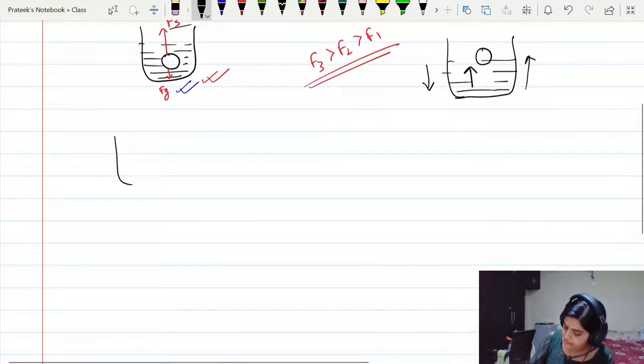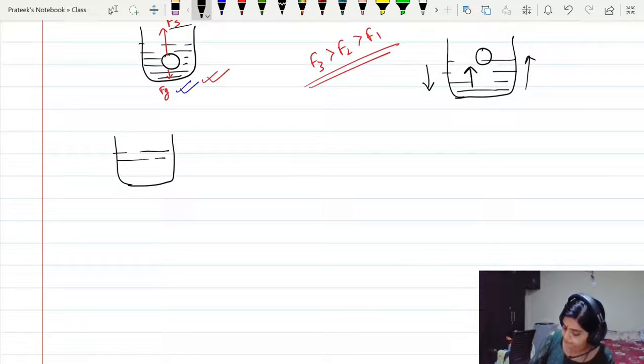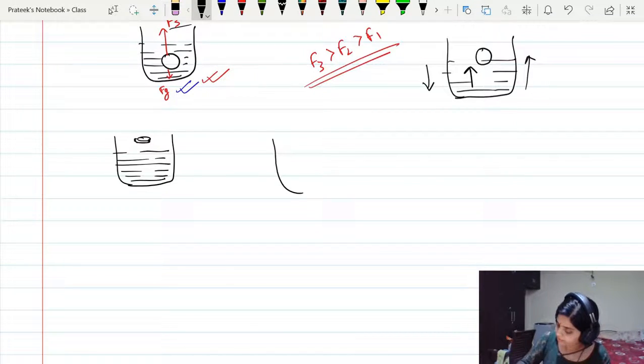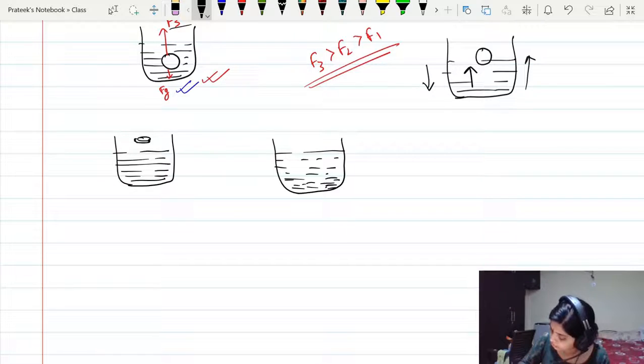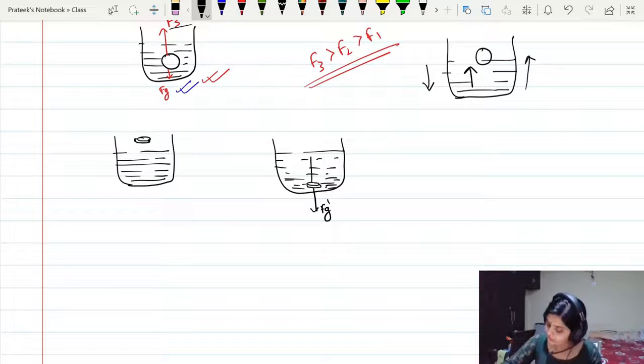Now we will consider the case of a coin. In this case also, the gravitational force is acting, represented by Fg dash, and an upward force is acting on the coin, which is represented by F1 dash.